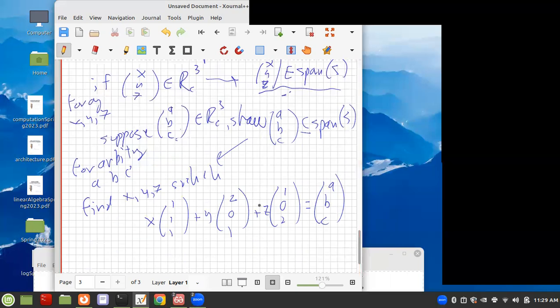Right? This would show that this vector ABC was in the span because we've written it as a particular linear combination of the basis vectors. Okay, so that's it.